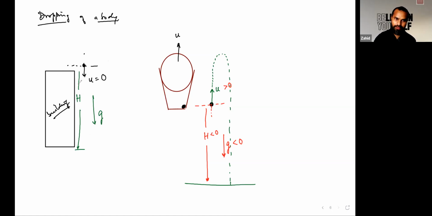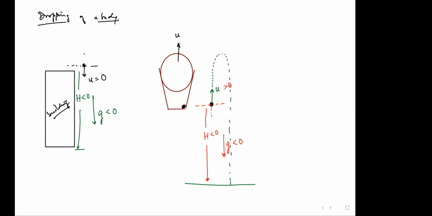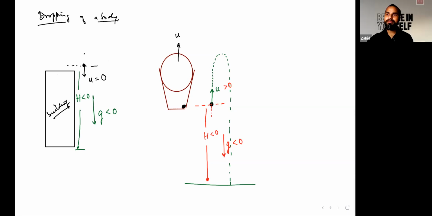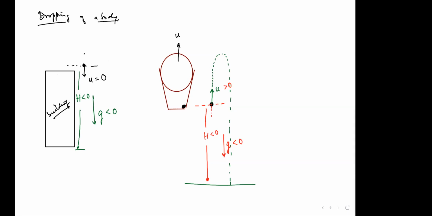The height from this origin is in the downward direction, so height would be negative and acceleration would be negative. Okay, any doubt, Hiba? No, sir. Just write them down.